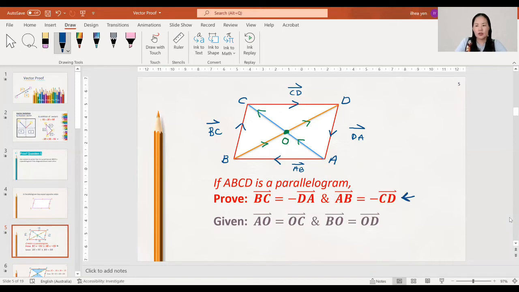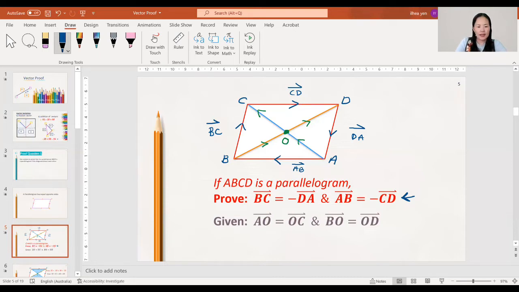If I can prove that vector BC is equal to, opposite to vector DA, and vector AB is equal to, opposite to vector CD, that means it is a parallelogram.